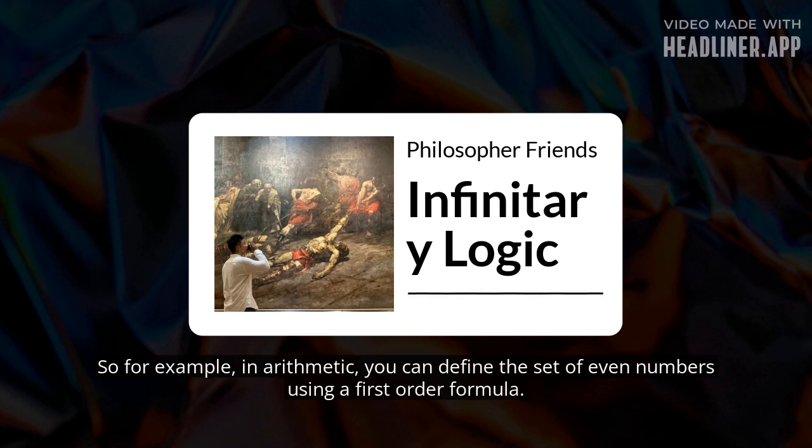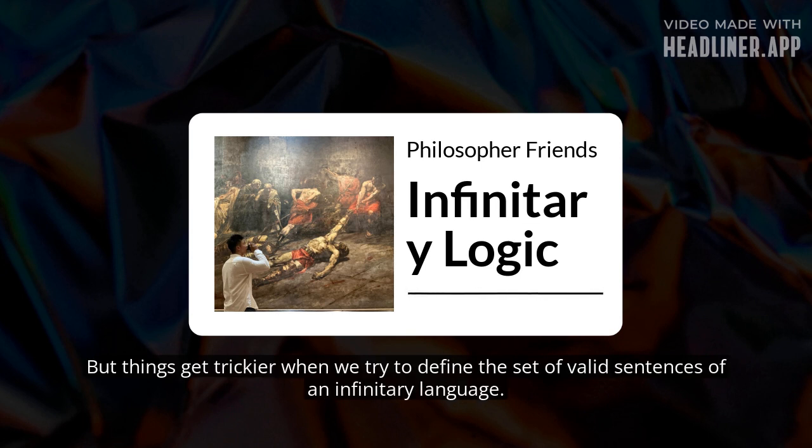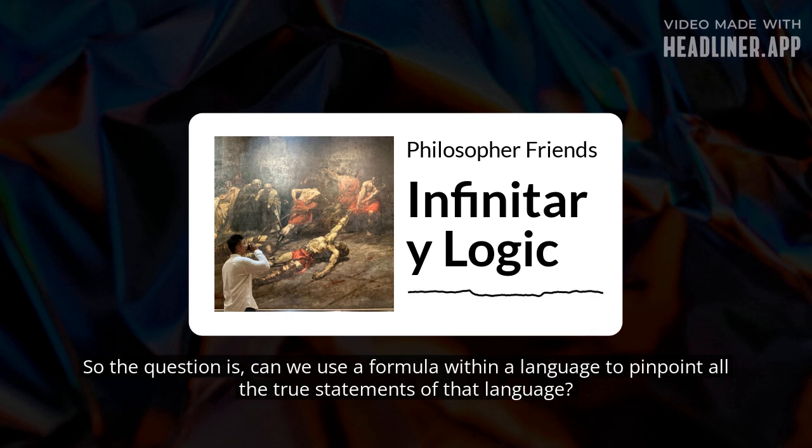For example, in arithmetic, you can define the set of even numbers using a first order formula. But things get trickier when we try to define the set of valid sentences of an infinitary language. So the question is, can we use a formula within a language to pinpoint all the true statements of that language?